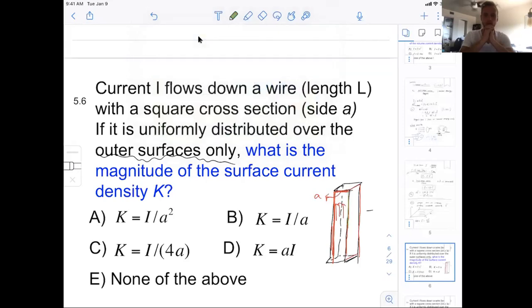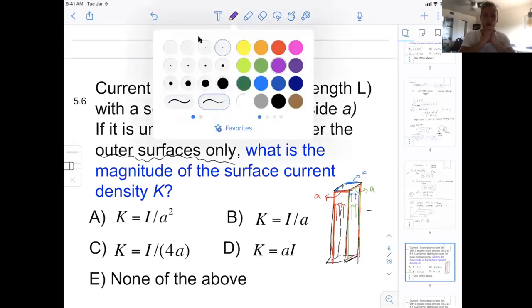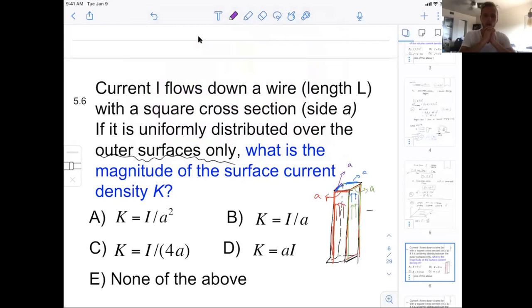This side has the same kind of surface current flowing through, and that's also A. The side on the back has some current, and that's also A. The side on the left-hand side is also A. So all four sides have current flowing across them. So what is the dl perpendicular?